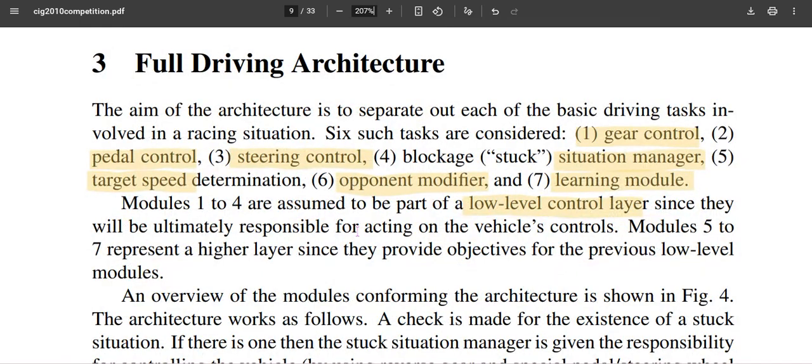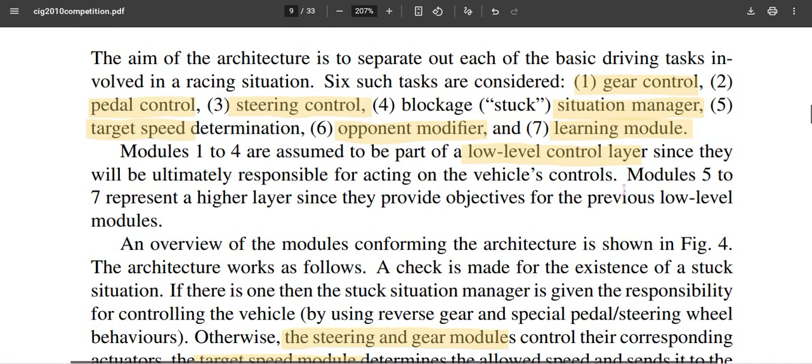So the driving architecture has to give what gear value, what pedal value, what steering value, how to handle situations if the car is blocked and how to come out of that, and if there is an opponent, how to modify the steering and pedal value based on the opponent conditions. These algorithms have some parameters, and how those parameters can be tuned during the learning module.